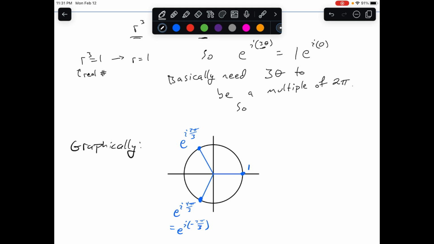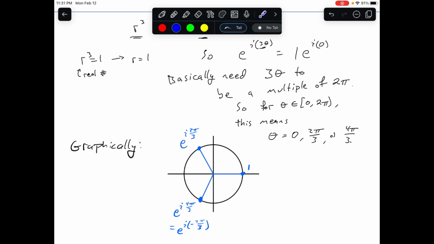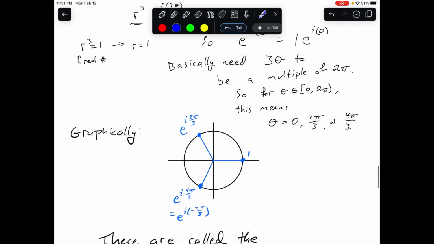And so the angles in 0 to 2 pi that we would get mean that theta can be either 0, 2 pi thirds, or 4 pi thirds, which is basically just negative 2 pi thirds.